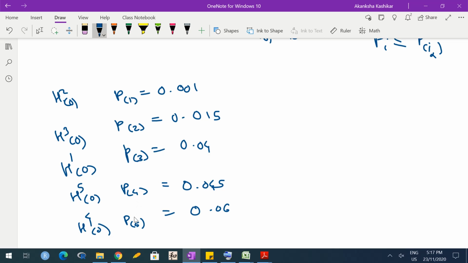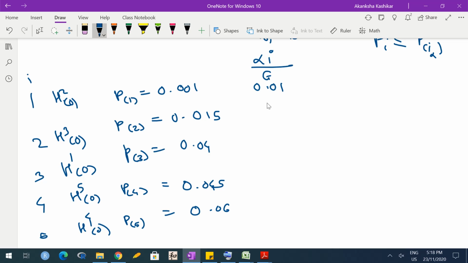Now we have to compute that quantity first: alpha times I upon P naught G, but P naught we are taking as 1, so upon G. So alpha is 0.05, and I is 1, 2, 3, 4, 5. So the first number would be alpha upon G. Alpha is 0.05 and G is 5, so it would become 0.01.